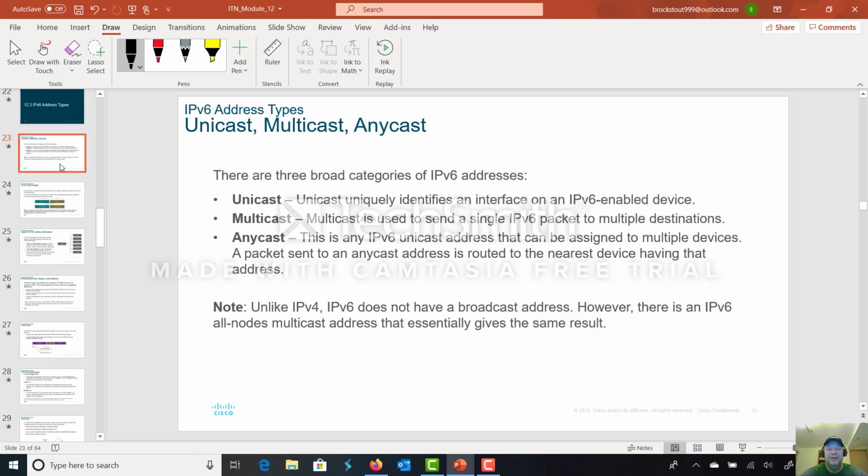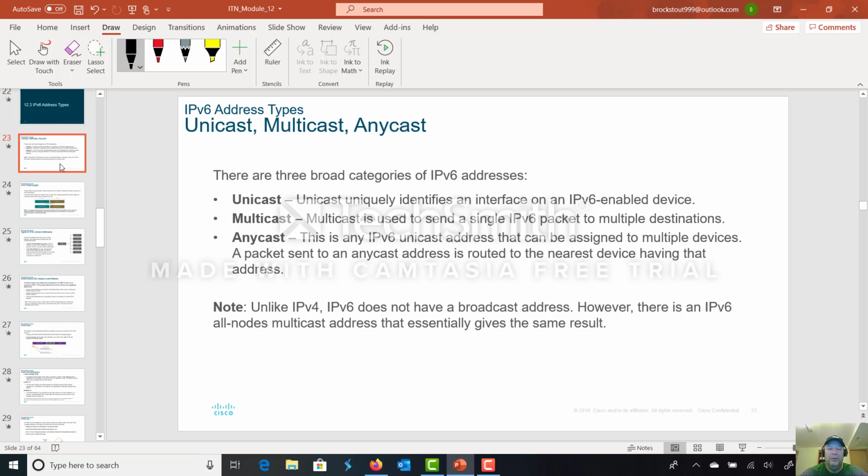What we've done with multicast is we said anywhere there was a broadcast message before, we're going to add a multicast value to listen for this type of information, and if it is received by a device that has that multicast address listening, that device is going to respond. So it's a lot like broadcast, but it's not. It's a multicast address.